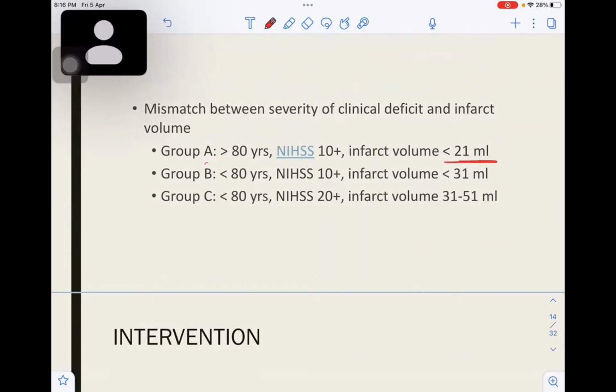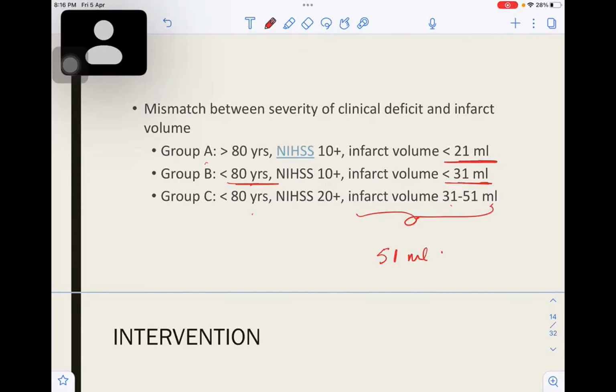In group B, the infarct volume is less than 31 ml with age less than 80 years. In group C, the age is less than 80 years with infarct volume from 31 to 51. So the maximum infarct volume they used is 51 ml in this study.